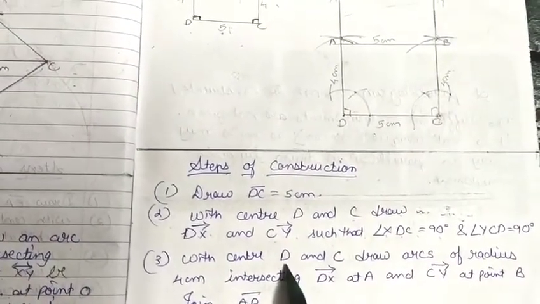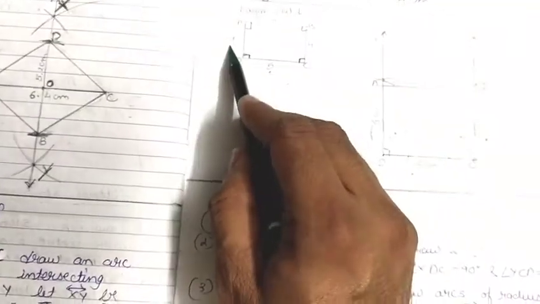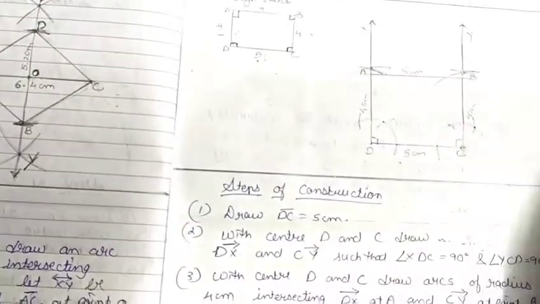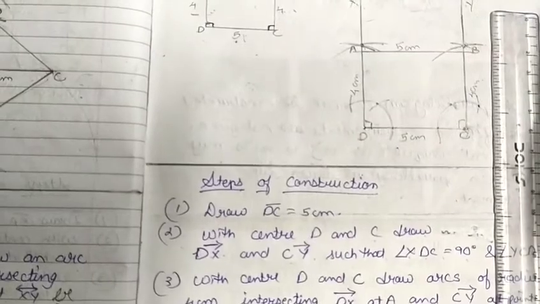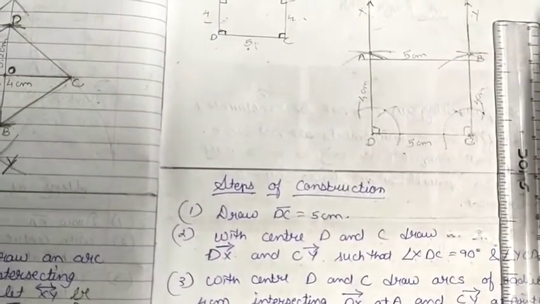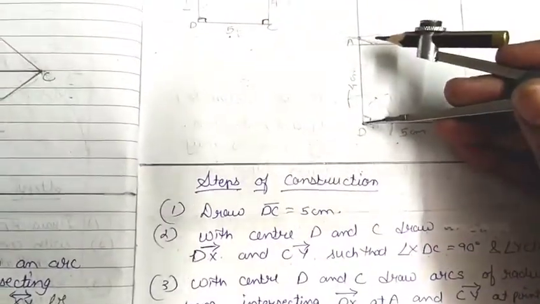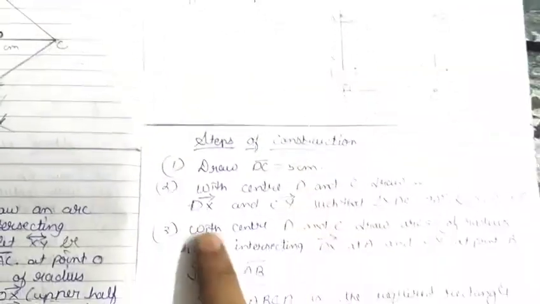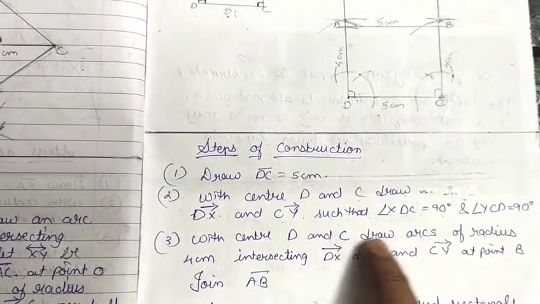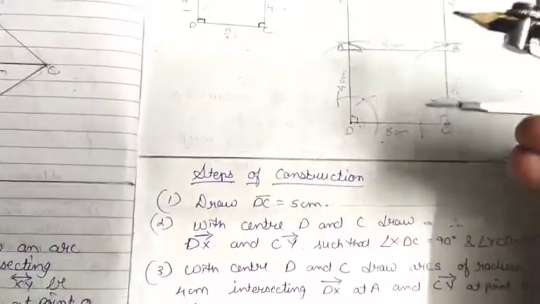Now we need to get these two sides, which are of 4 cm. Try to get this 4 cm with your compass. With center D, draw an arc. See here, with centers D and C, draw an arc of radius 4 cm. You have to take a radius of 4 cm.